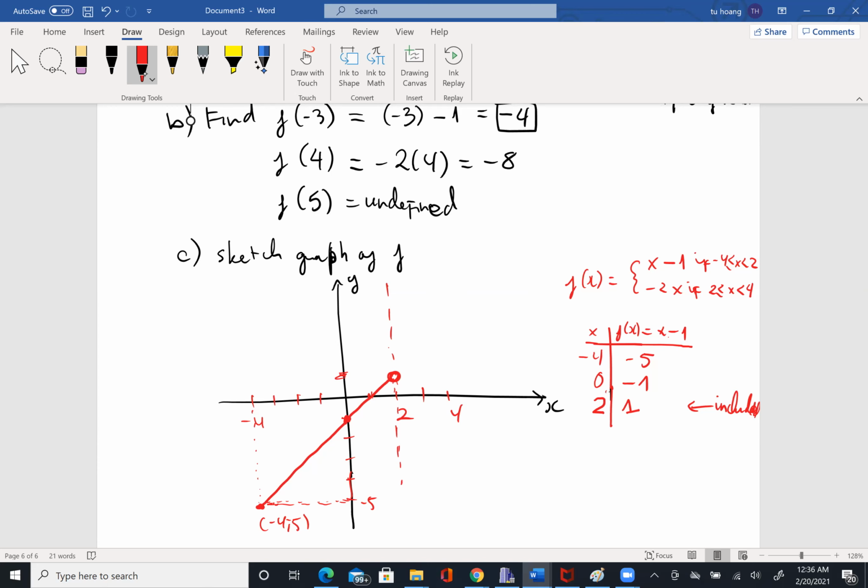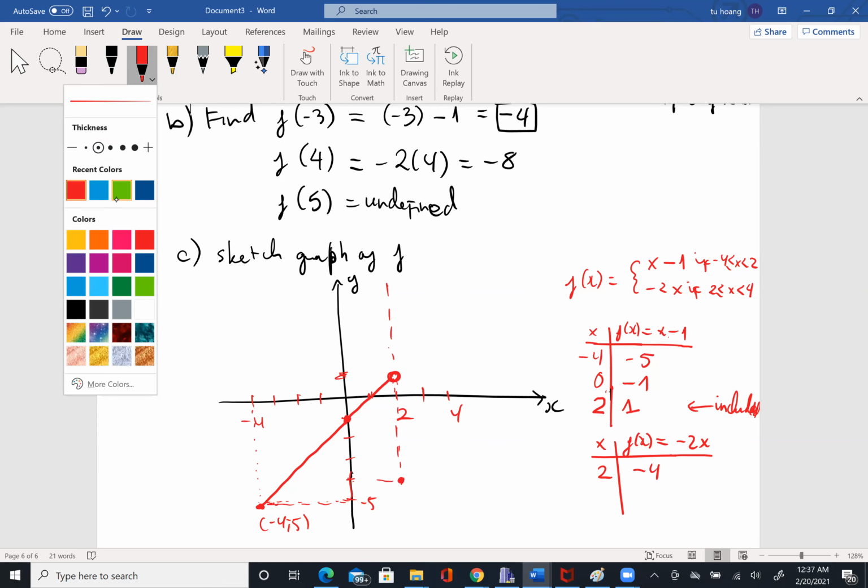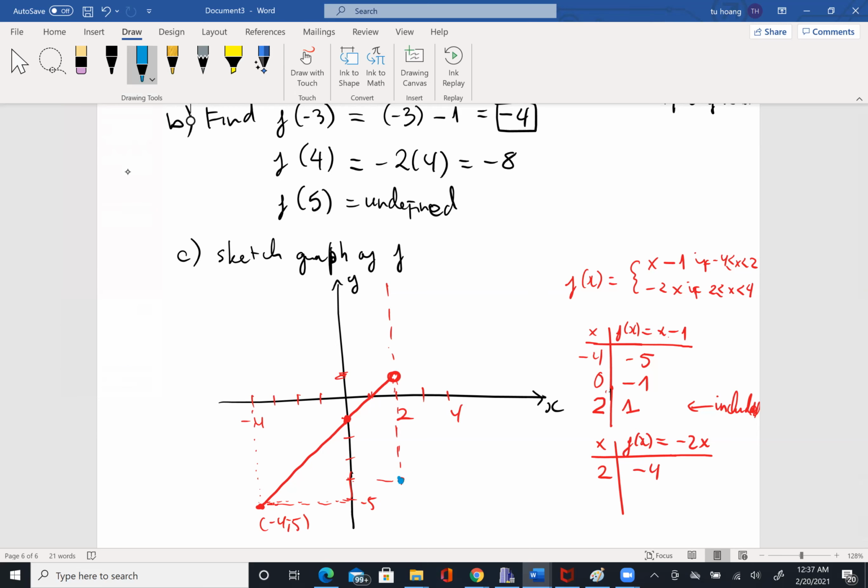Now I move to the next one. Next piece. I have another T table, and f of x will equal negative 2x. And then I'm gonna start with 2. 2 times negative 2 is gonna be negative 4. So where's 2 and negative 4? 2 is here and negative 4 is gonna be here. So here is 1 point. Let me use another color for clarity.